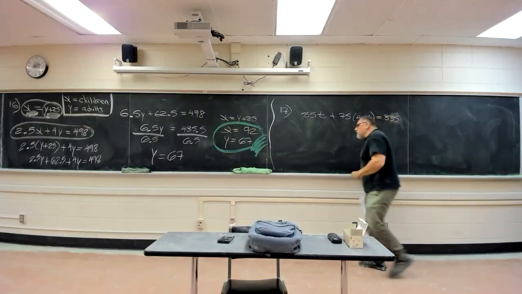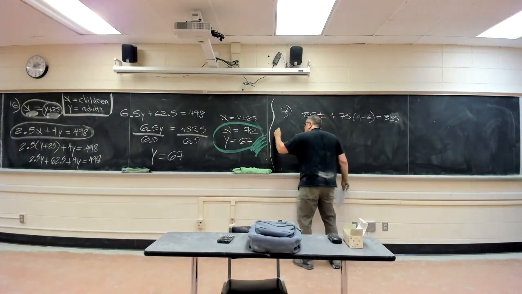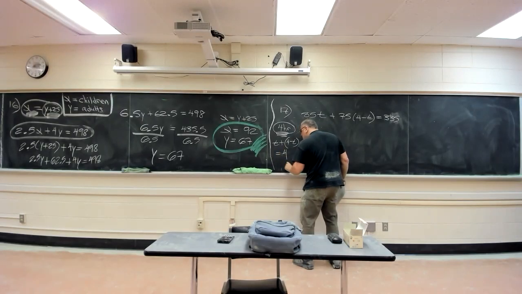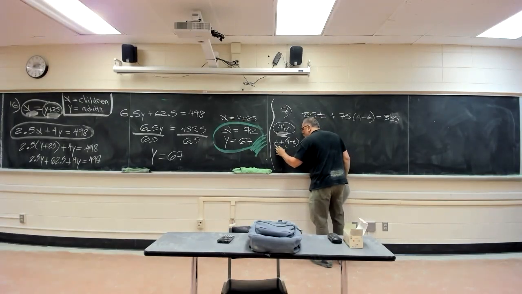So basically what we're talking about is, if it's a total trip of 4 hours, and T of those hours were without a rainstorm, then 4 minus T had to be with the rainstorm, because when you add them together, it is the 4-hour trip. I don't know how long T is. It couldn't be 5 hours, but it could be 3.5 hours.